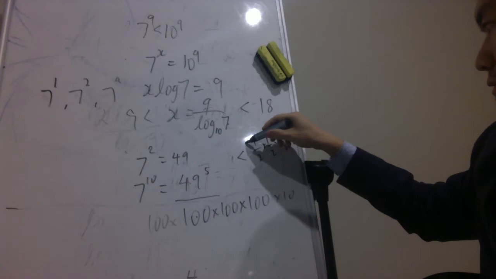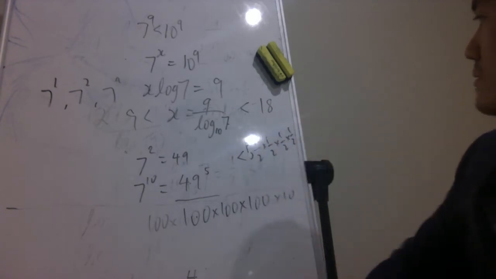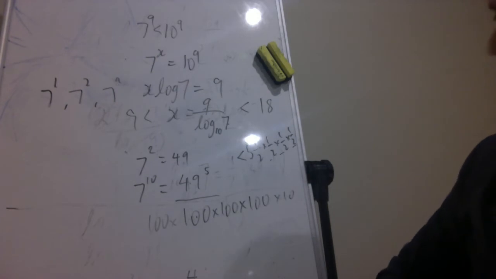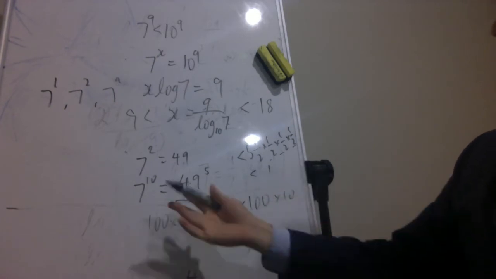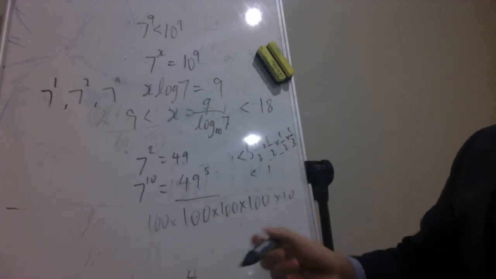So 5 over 10, 5 over just 5. But there's 16 of these and there's only 5 of those, right? So this is less than 1. So 7 to the 10 is less than 10 to the 9.